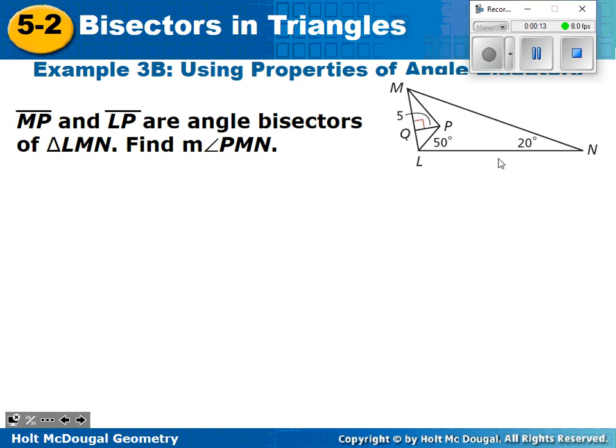We learned a couple points of concurrency last class period. They were made by perpendicular bisectors and angle bisectors, right? What was the name of the point of concurrency that was made by perpendicular bisectors? Circumcenter.